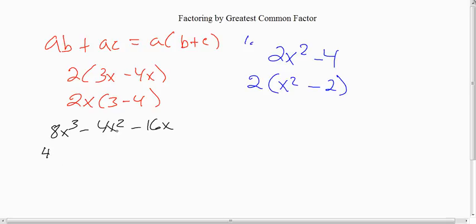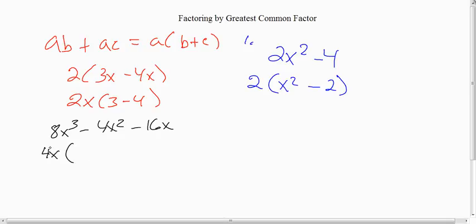Well, let's look at the variables and make sure they have something in common. They do, because we have x cubed, x squared, and x, so they all contain the variable x. And what we want to do here is, since they are common, pull the smallest power of the three. Of course, x will be the smallest, so x comes out.